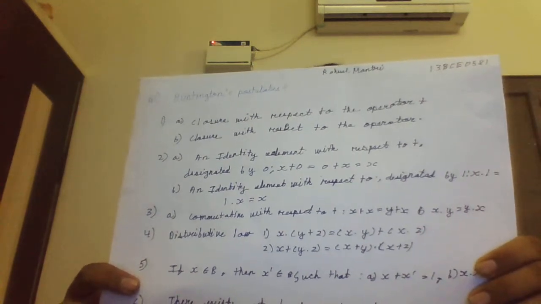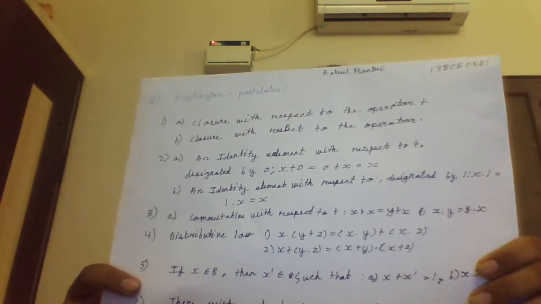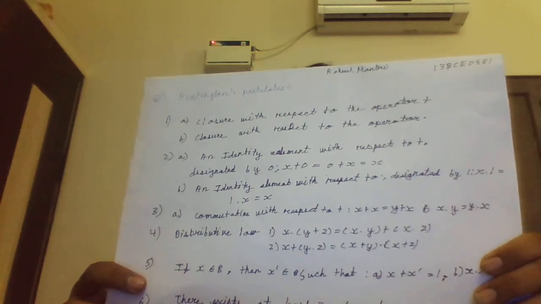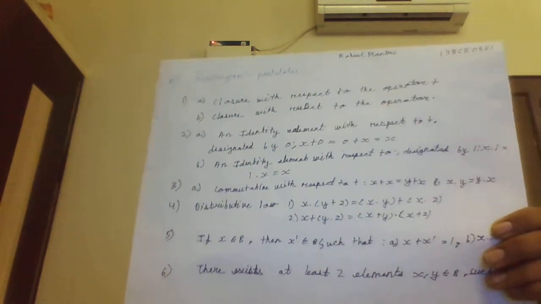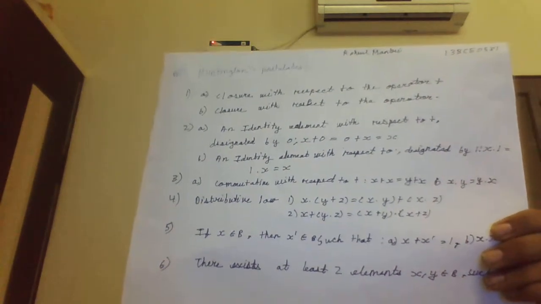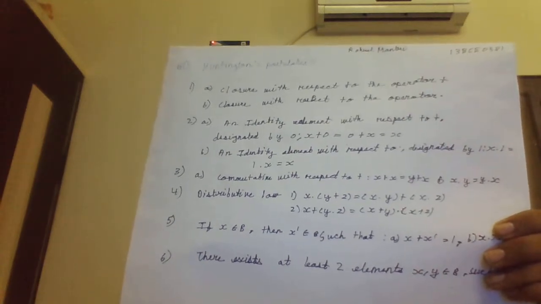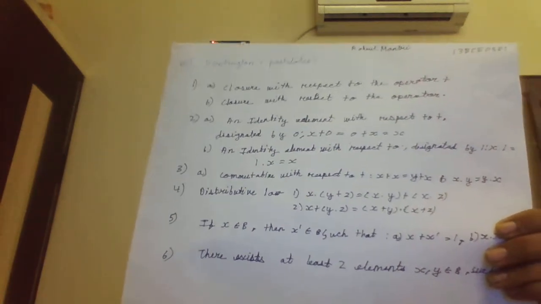And the identity element also says that 0 plus x is equal to x plus 0, and both of them will be simultaneously equal to x. 1 into x and x into 1 is also equal to x.